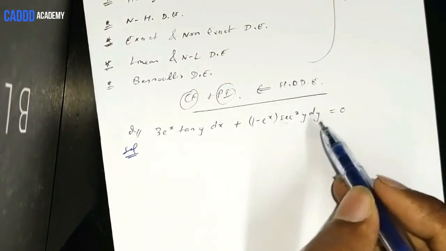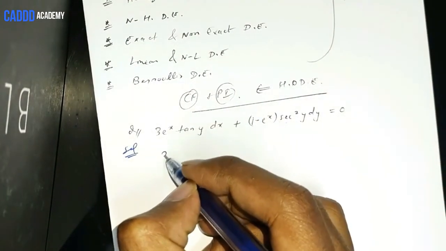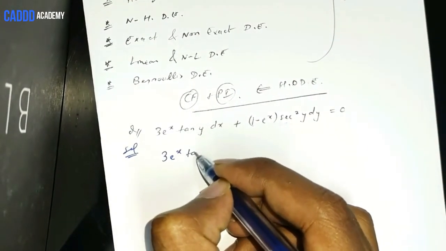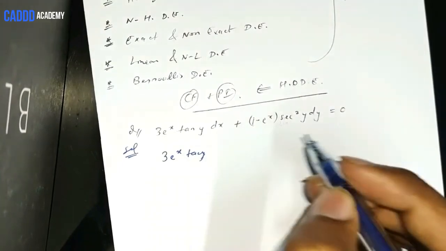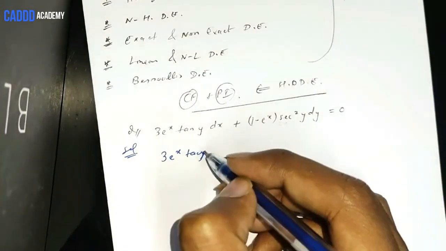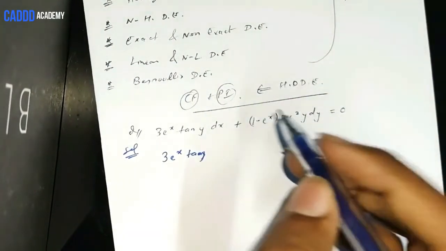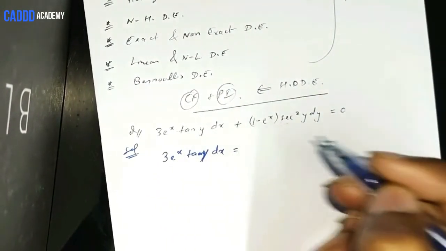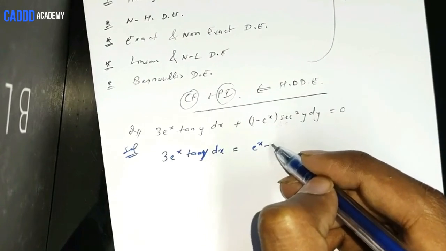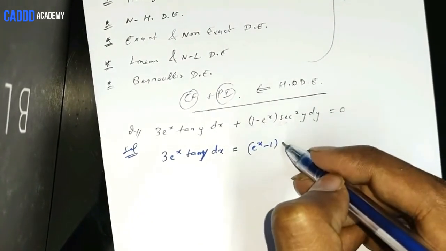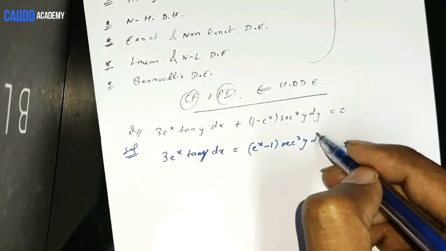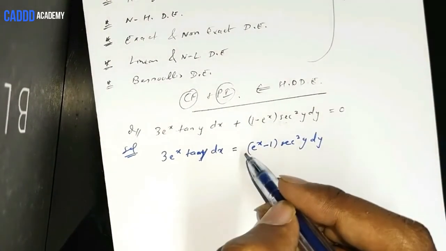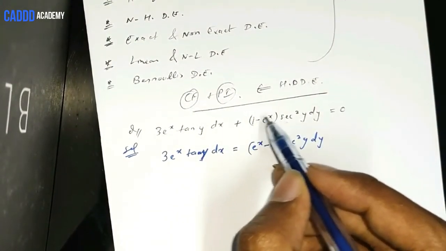Let's take this thing to that side, okay? So we will have this is what? Tan y, okay? Dx is equal to what? E to the power x minus 1, okay? Sec square y dy, okay? Becomes negative and negative multiplied in this will be what?